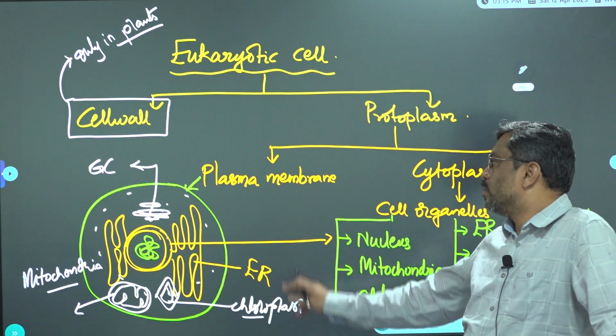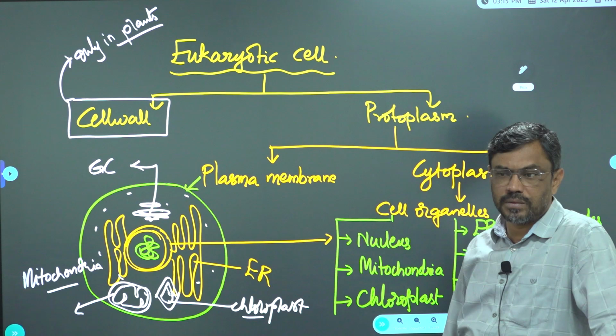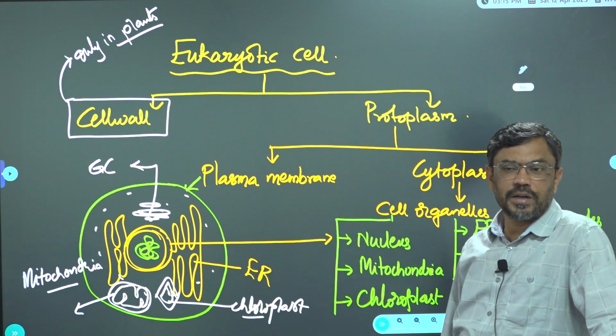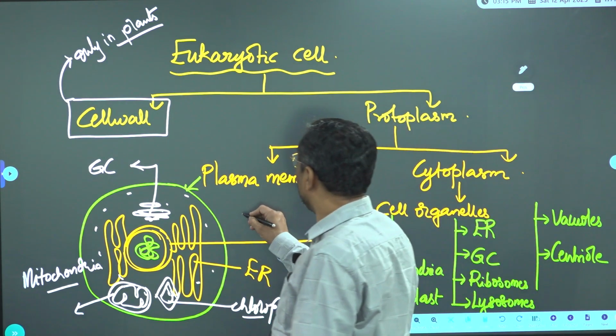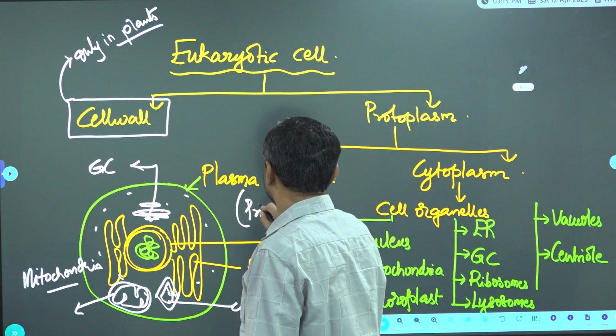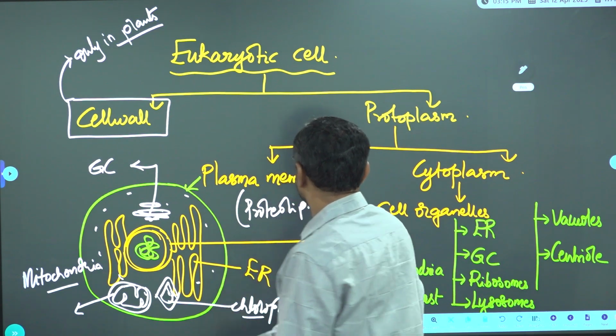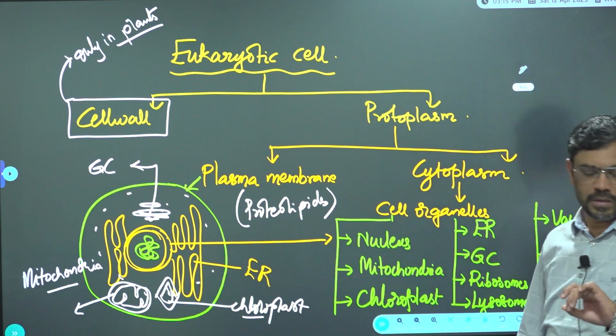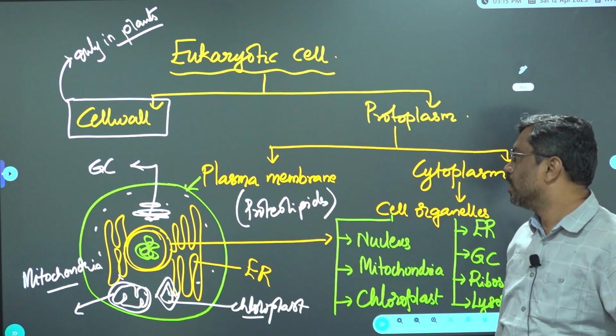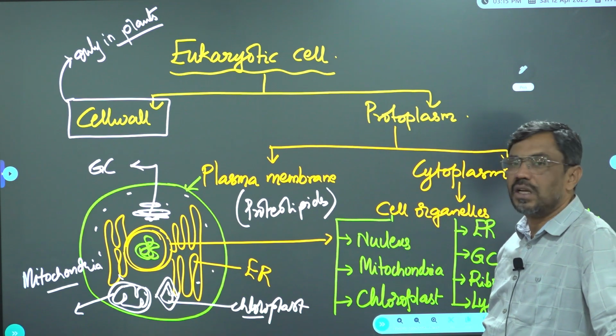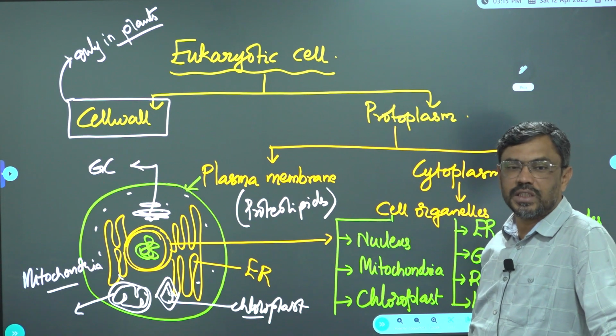Just to remember, the plasma membrane is a thin membrane surrounding the cell. It is made up of proteolipids.